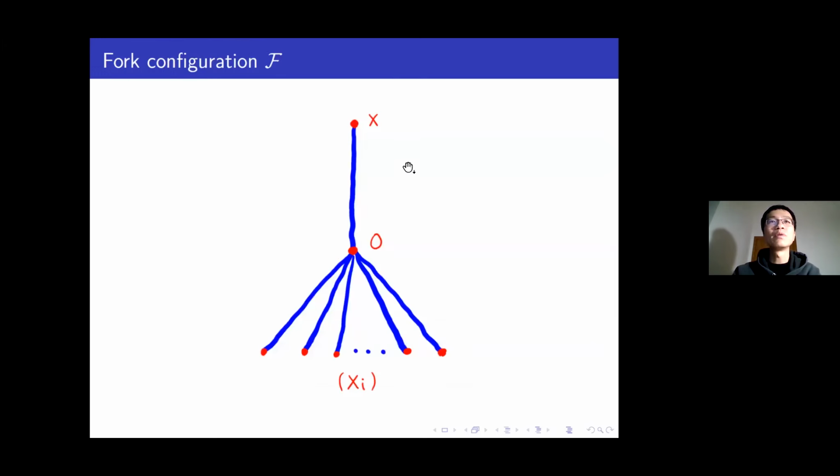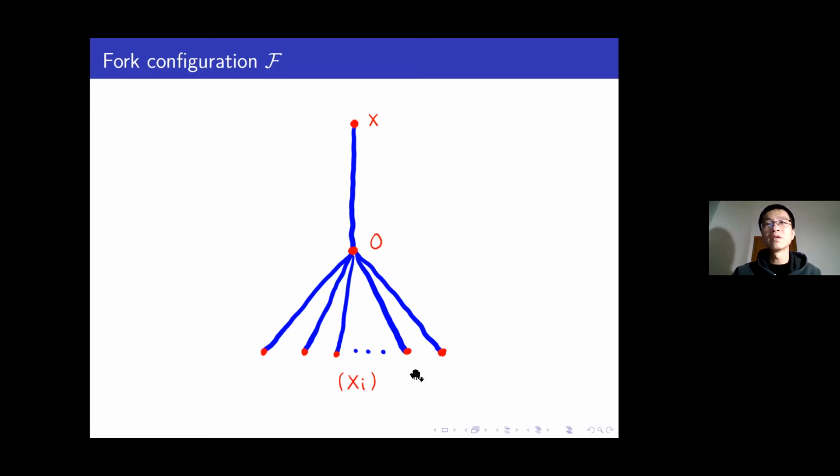Maybe we should take a look at this picture. It just summarizes the definition of property beta. Now O is just the origin of the space, and x is just an element in the unit ball. And (x_i) is a t-separating sequence, meaning that every two of these x_i have distance at least t.